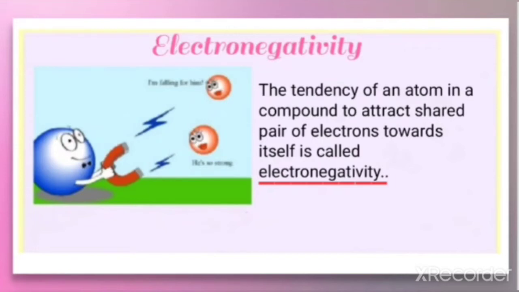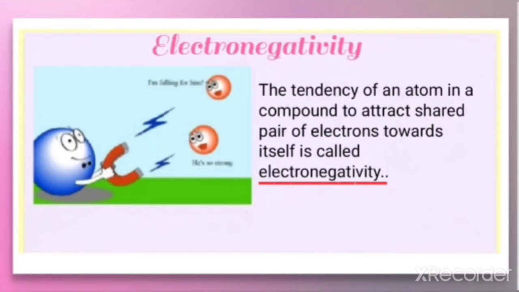So, what is electronegativity? It is the tendency of an atom in a compound. What is that tendency? To attract the shared pair of electrons towards itself. Shared pair means, as I told you, the atoms share the electrons in order to get stabilized, and that results in the formation of a covalent bond.